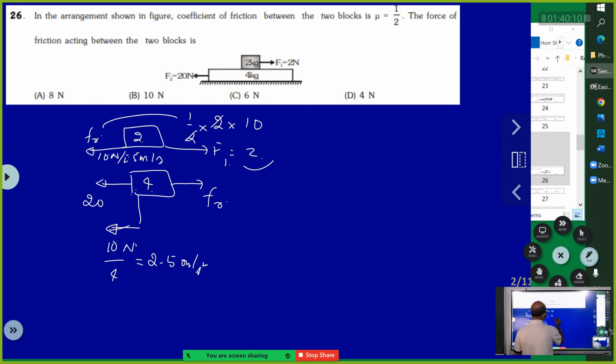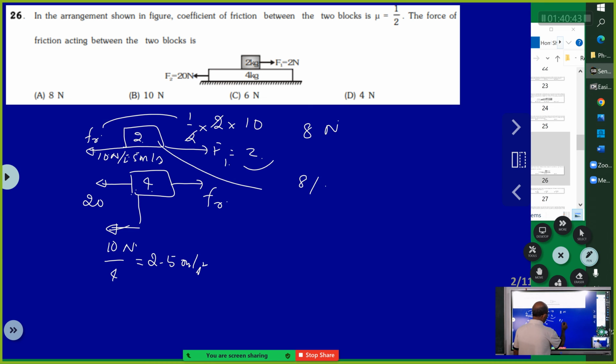Now the net force becomes 8 newtons in this direction.